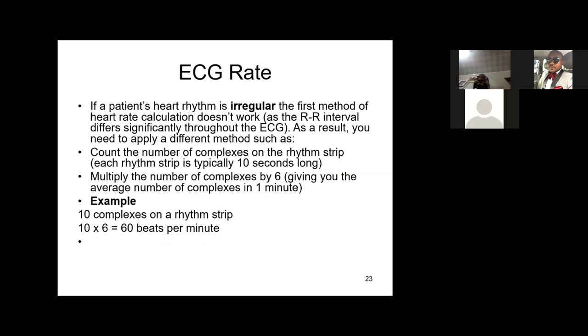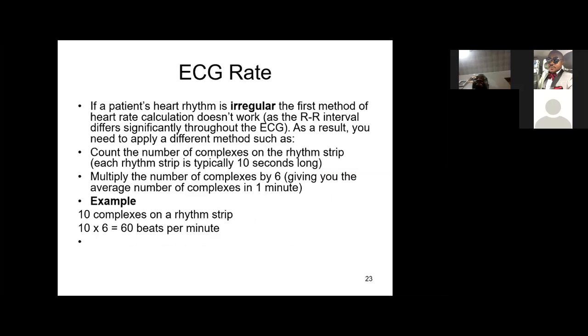If a patient's heart rhythm is irregular, the first method of heart rate calculation doesn't work, as the RR interval differs significantly throughout the ECG because of the irregular rates. As a result, you need to apply a different measure, such as counting the number of complexes on the rhythm strip. Each rhythm strip is typically 10 seconds long.